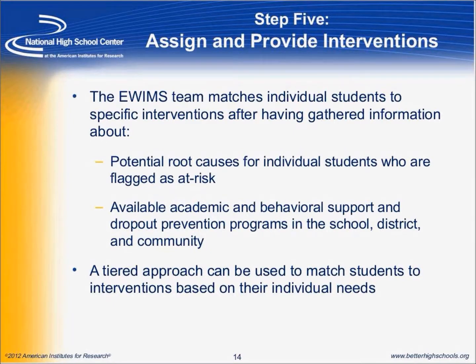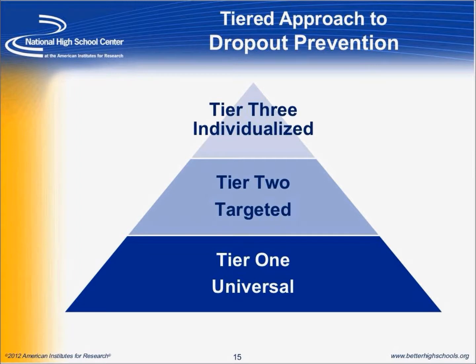So in response to that, we have identified a tiered approach that can be used to match students to interventions based on these individual needs. The tiered approach reflects a more systemic approach that schools and districts are increasingly organizing specific strategies or programs into tiers that are based on the intensity of the interventions.